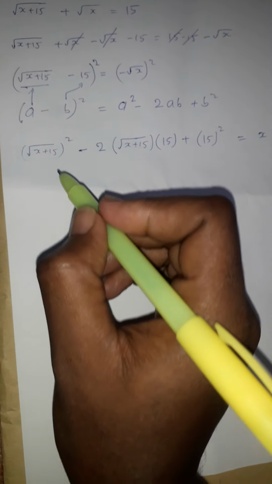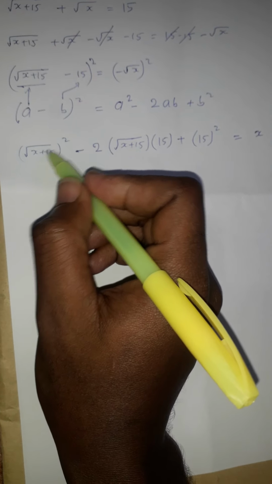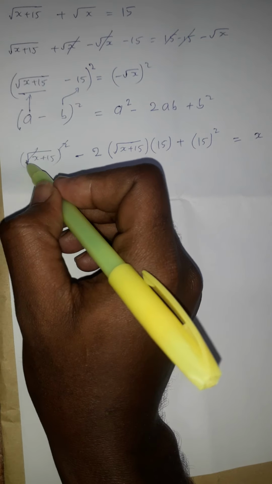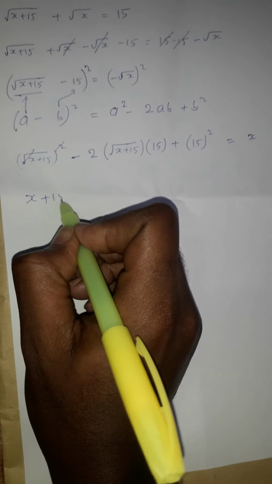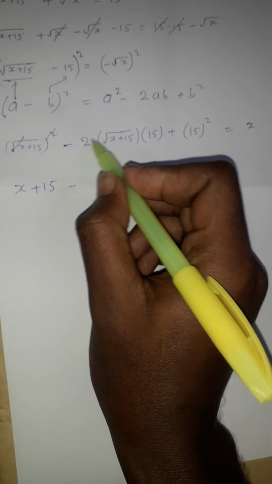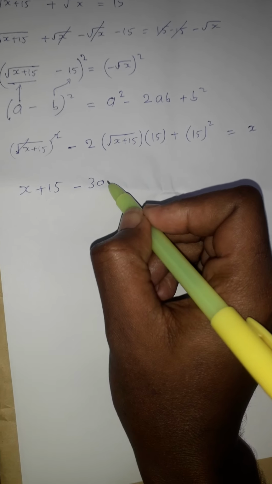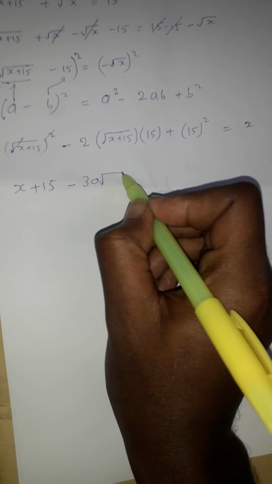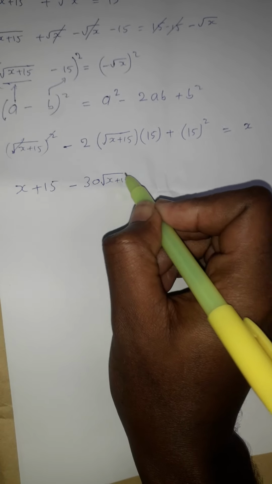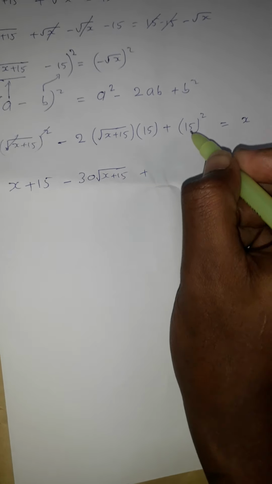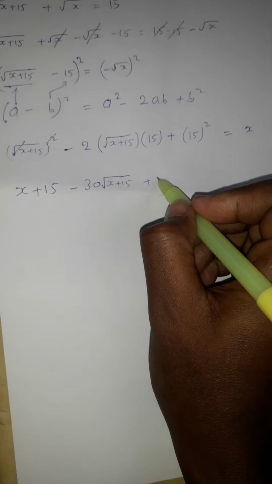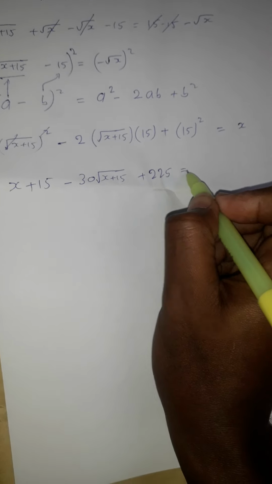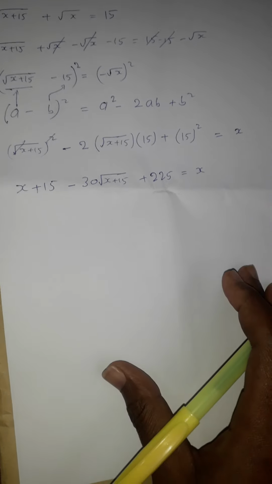Okay, simplify this one also. If you square this one, the square cancels with the root, so you are left with x plus 15 minus 2 times 15, which is 30, times root (x plus 15), plus if you square 15 you get 225, equals x.